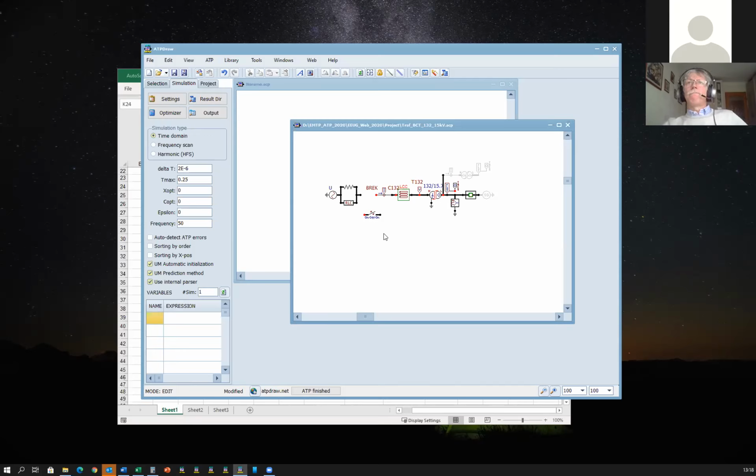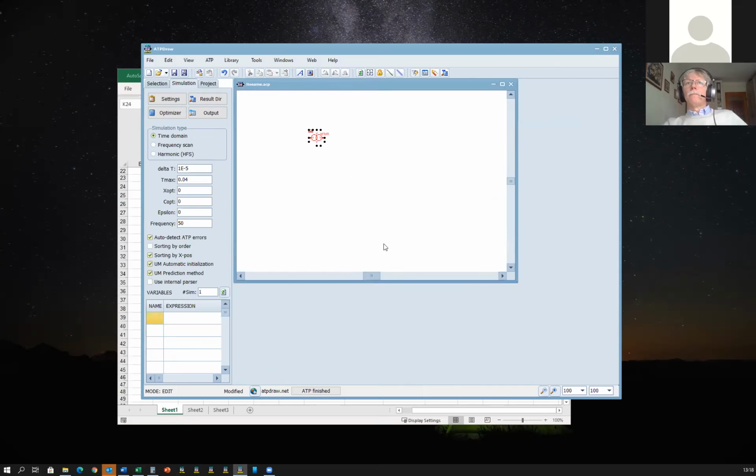Okay, we have also some other questions. How can I model the air core reactance if I have no information from the manufacturer? Good question. I can reply in a simple way. If you know the short circuit impedance of the transformer, seen from the secondary, from the lower voltage side, just use this impedance and multiply it by 2 or 3.